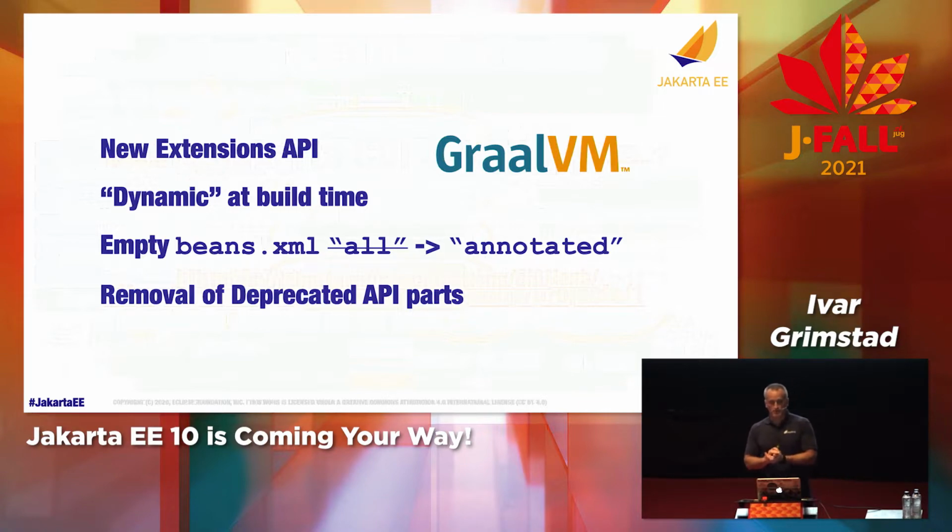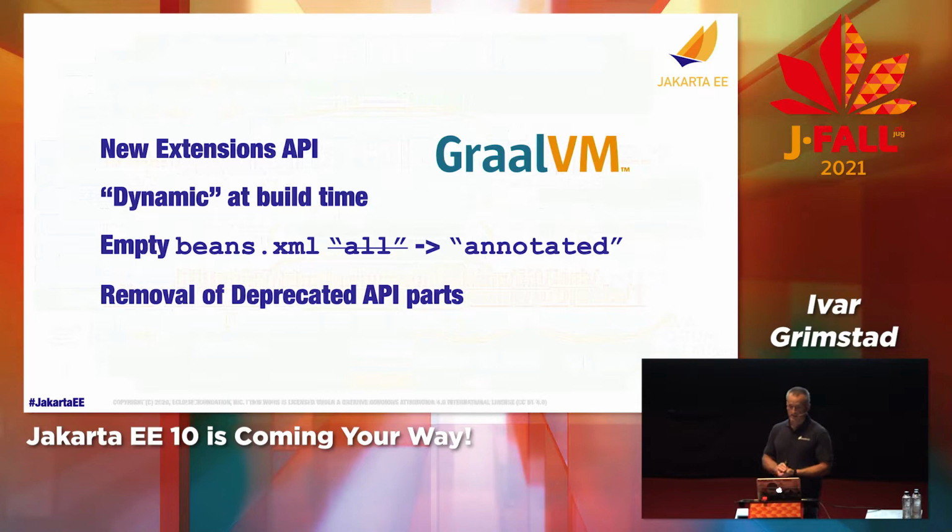So in order to make this, they are redefining the portable extensions, pushing that to the full CDI, and introducing a new extensions API, so you can figure out at compile time how the extensions are being used by the application. And also a lot of other dynamic startup or runtime things can be determined at build time. So you can compile to native if you want to.